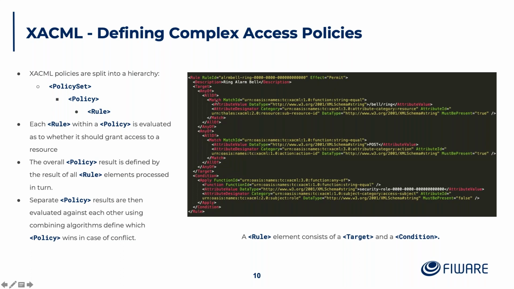The rule itself consists of a target, which is match this, match this, match this, but it can also have what's known as a condition, which is able to take more complex elements. So you could have a condition only between 9 o'clock and 5 o'clock, or you could have a condition which says I can access all these records if I created them, or if I am the owner of something else which creates them.